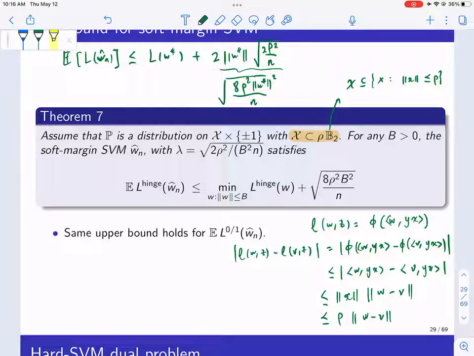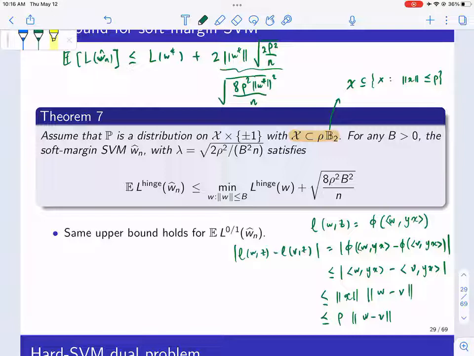So if you compare, there's this 8 rho squared B squared over n term, and there's a part which is not going to go to 0. It's like there's some sort of base risk. The ideal thing would be to have the L01 here and minimize over all possible W, which is the best 0-1 loss that you can get.